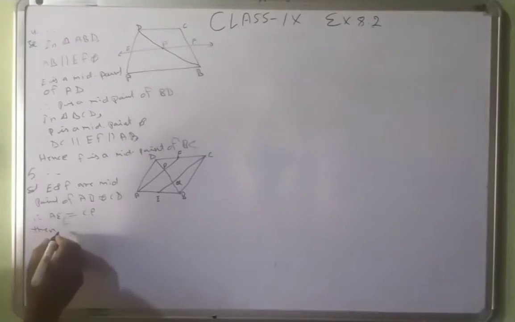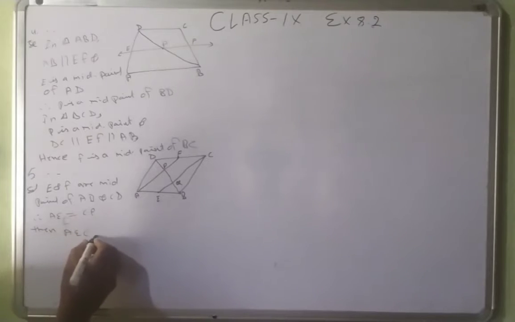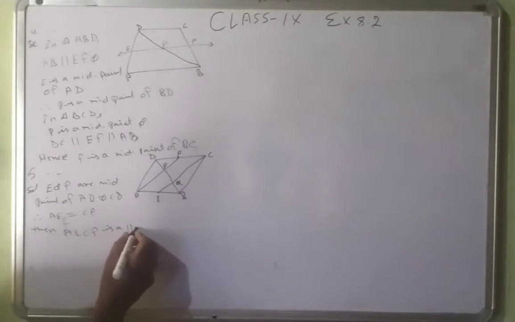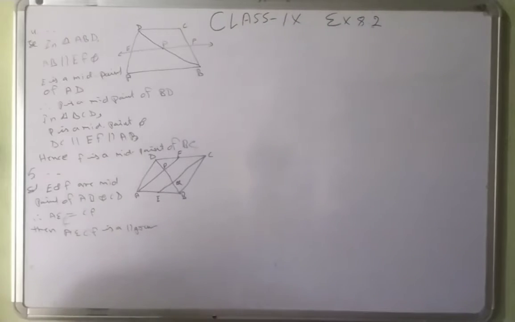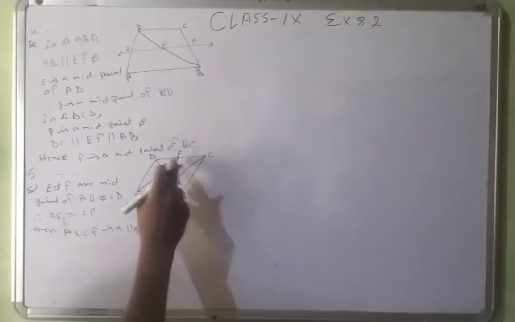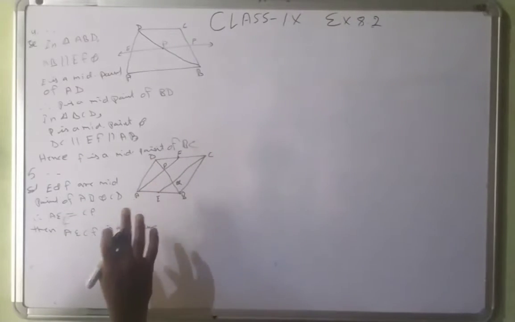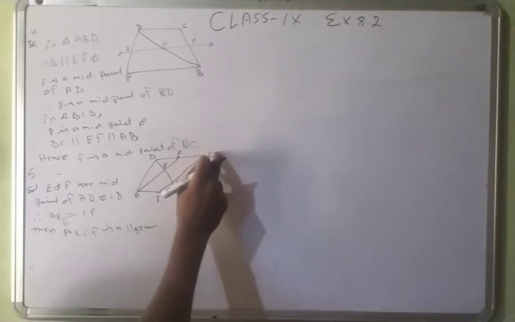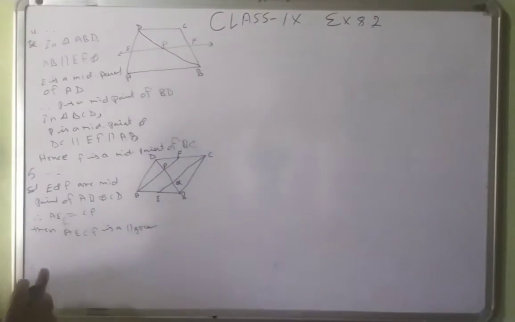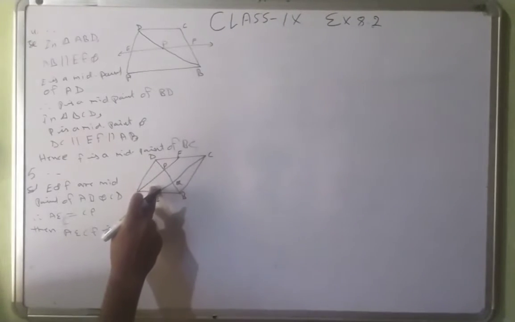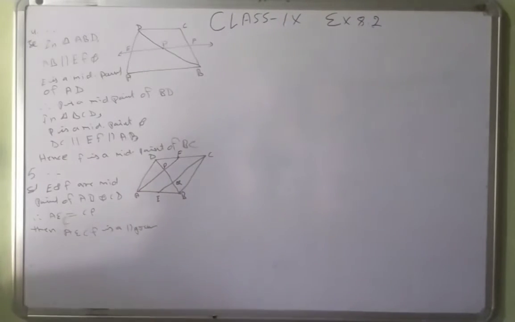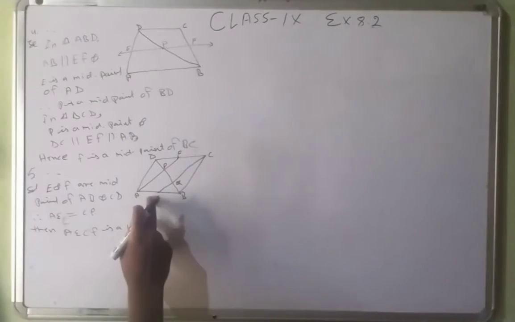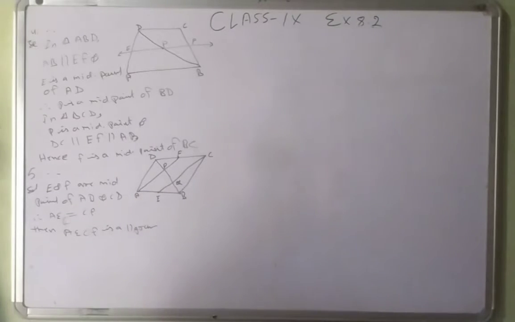Then AECF is a parallelogram, because ABCD is already a given parallelogram, so this will be parallel. But we need to prove only that AE is equal to CF for the parallelogram. Now, if this one is a parallelogram, and this one is a midpoint, so that will also be a midpoint.